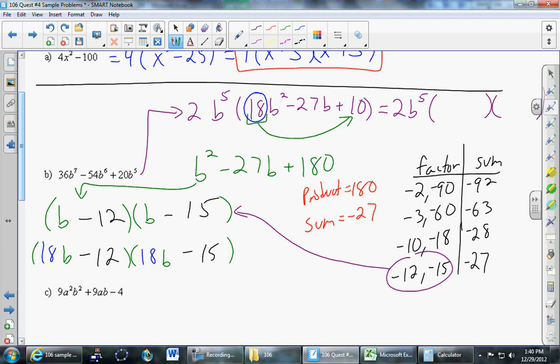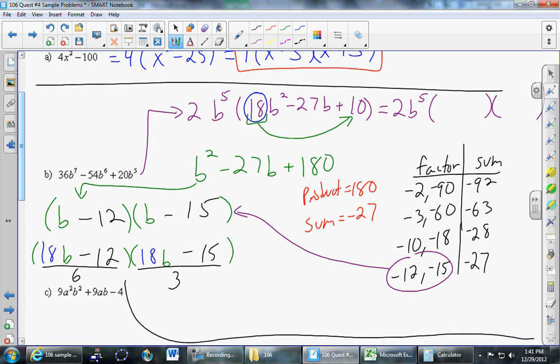And then we divide each piece by the greatest common factor. So we're going to divide both parts of the first piece by 6, both parts of the second piece by 3. And let's write down what we're left with. I'm going to steal some space from this other question.